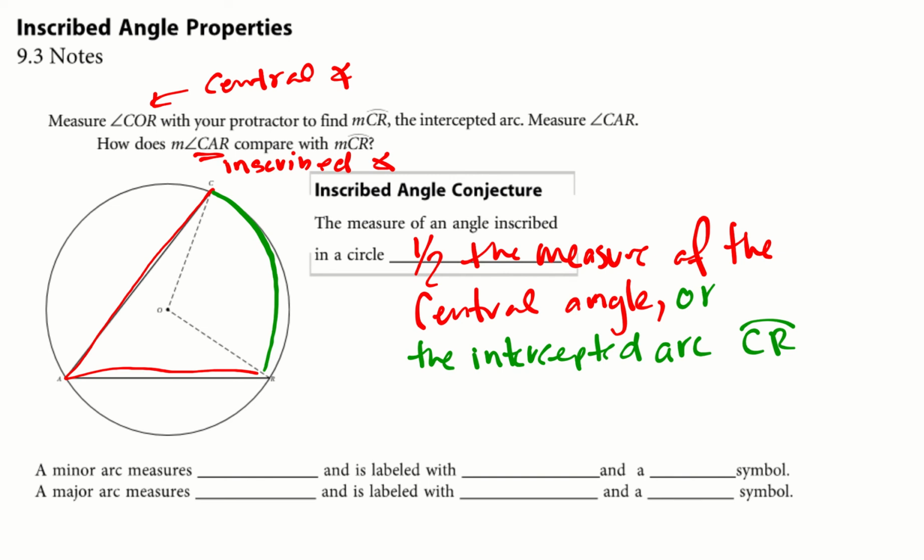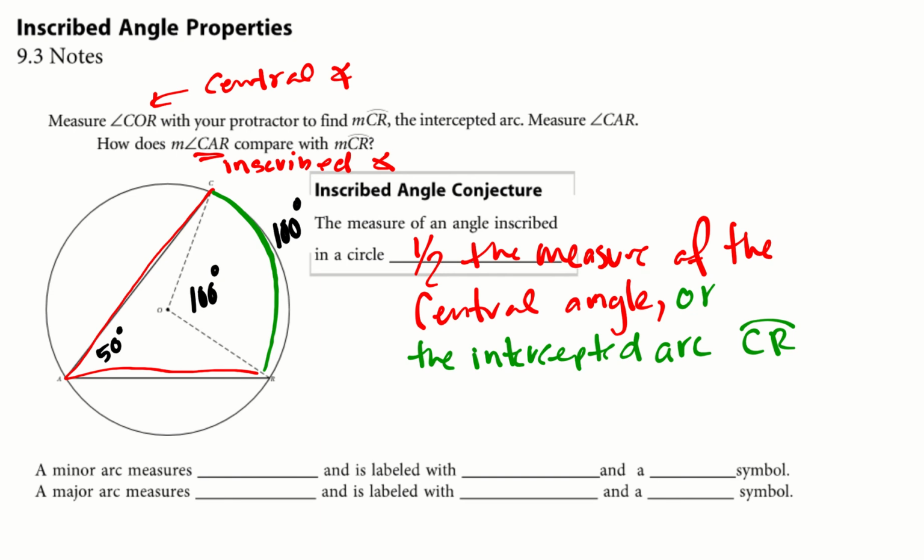So what does that mean? That means that if, let's say, the arc measured 100 degrees, the central angle would also measure 100 degrees because it's a central angle, and then the inscribed angle will be half of that, which would measure a total of 50 degrees.